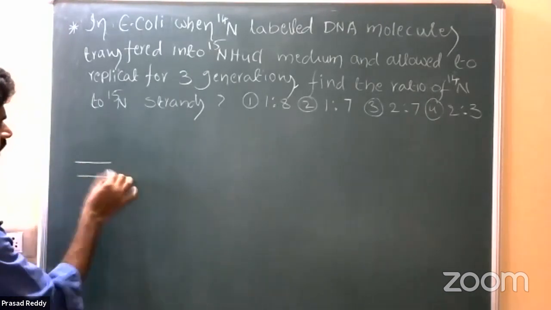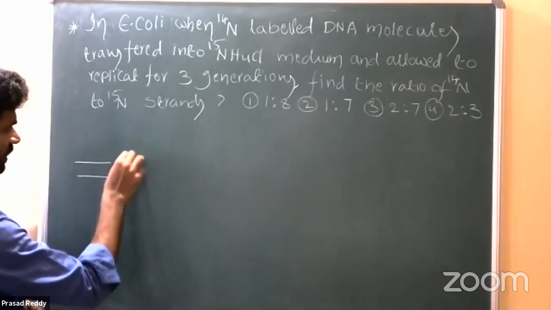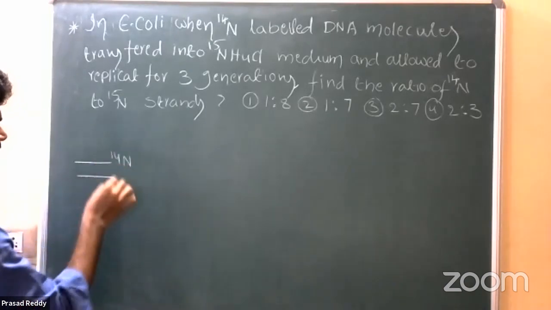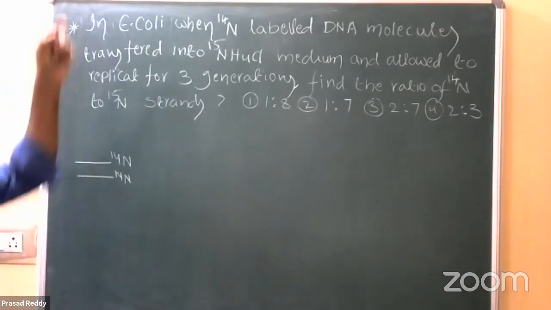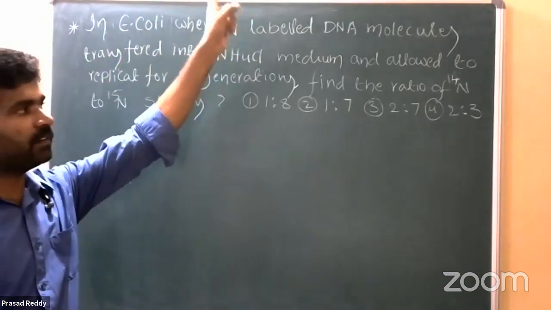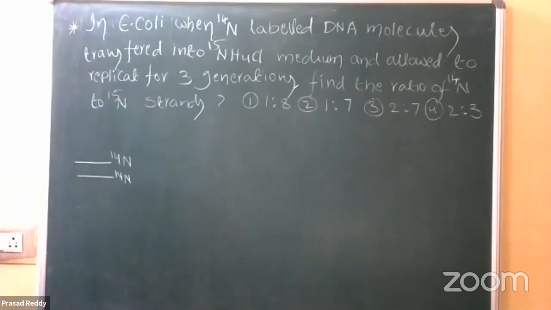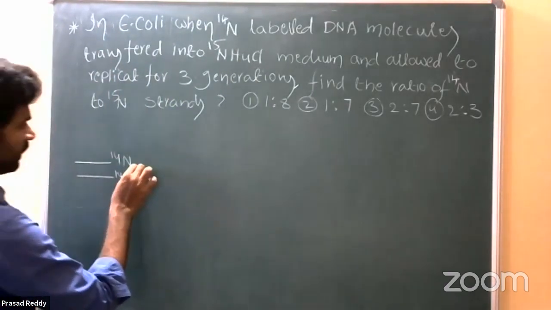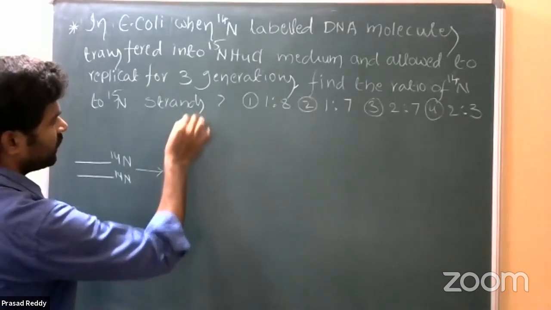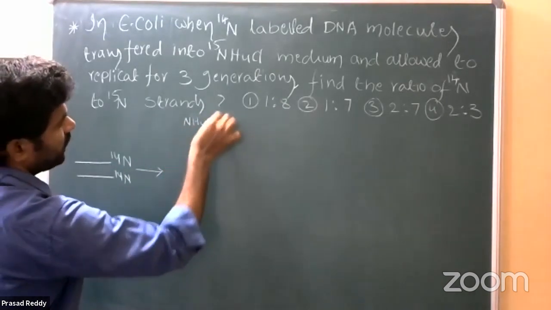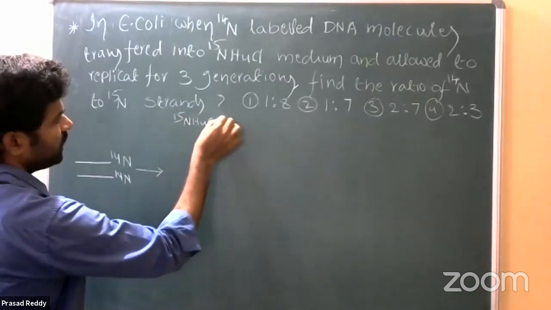Okay, imagine it is one DNA molecule. In this DNA molecule, this strand is N14, and this strand is also N14. Why? Because light DNA containing bacterial cells are transferred to heavy isotope containing NH4Cl medium.